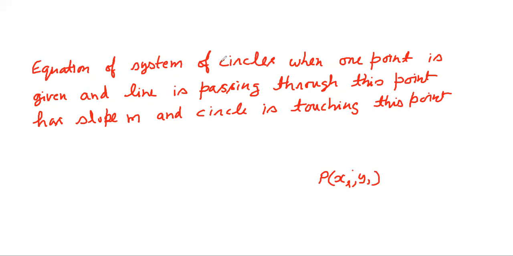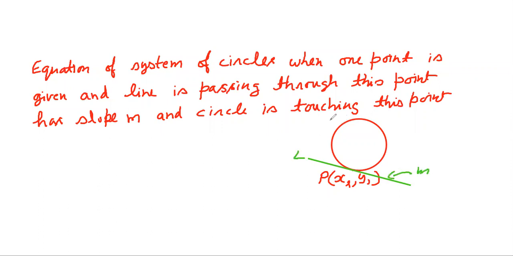The circles are touching this point P, and a line is passing through this point P, and this line has the slope m.